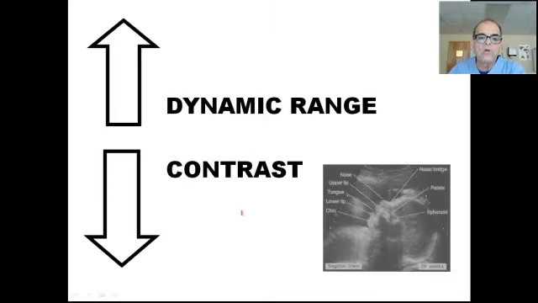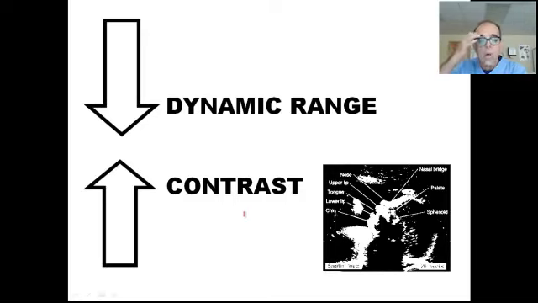Dynamic range and contrast are inversely proportional. When you put more decibels in dynamic range, you get a picture with low contrast. On the contrary, when you use few decibels in the dynamic range, you are producing a picture with high contrast.